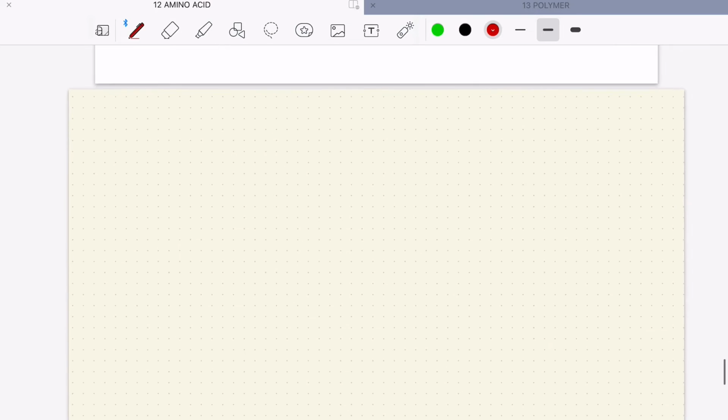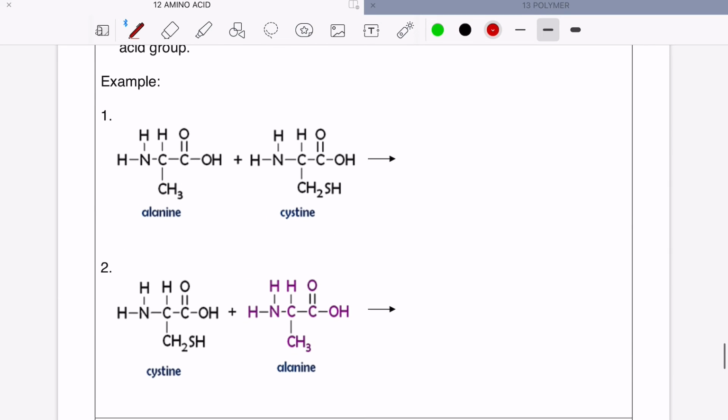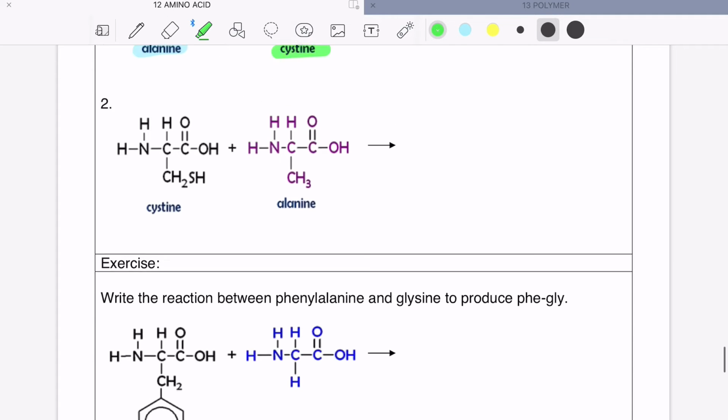Alanine was easy because both are the same. But if the question mentions alanine first, then the second one is cysteine, you have to draw it according to the sequence. To make Ala-Cys, we have to draw alanine first.